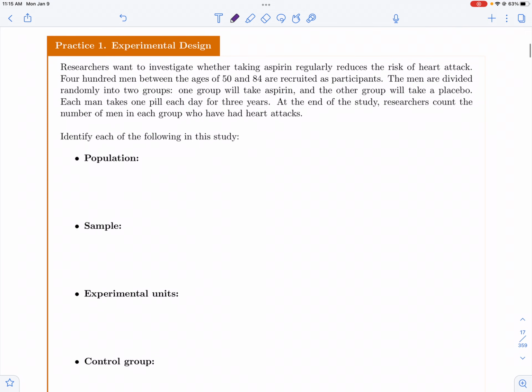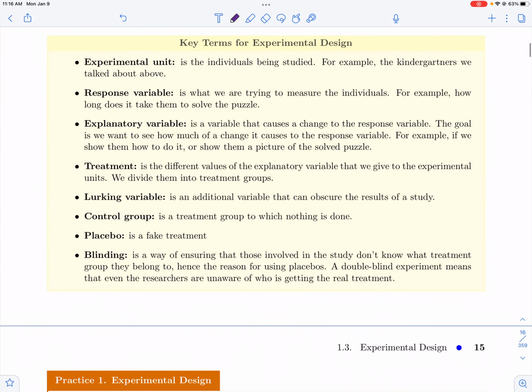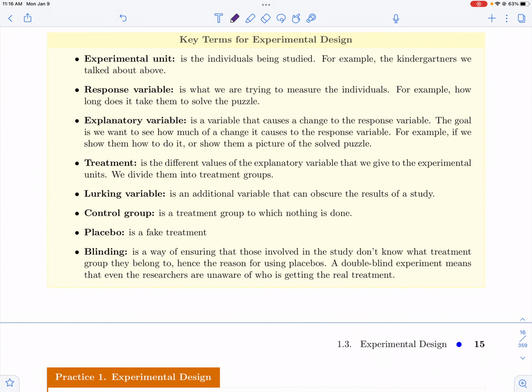In this case, our population is going to be all men ages 50 to 84, and our sample is going to be the 400 men that were actually surveyed. Our experimental unit, just to remind you, is the individuals being studied.